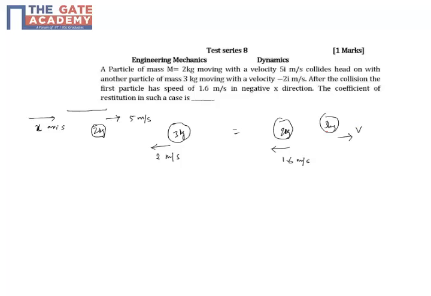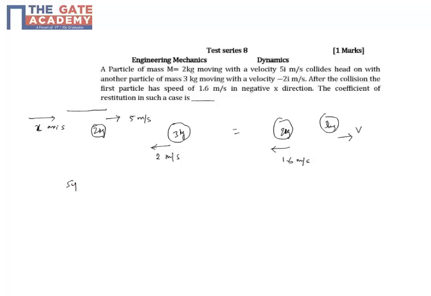The coefficient of restitution in the collision is asked. Now if we consider the 2 kg mass, what is the external force? The external force is the collision force that is coming from the 3 kg mass. And if you individually consider the 3 kg mass, the collision force is again coming from the 2 kg mass.